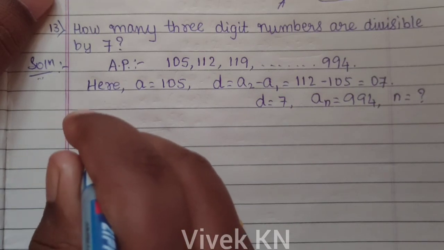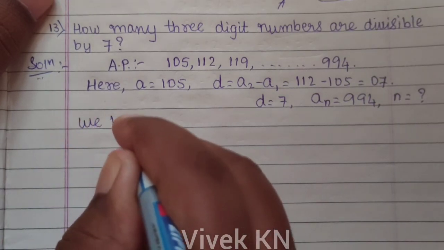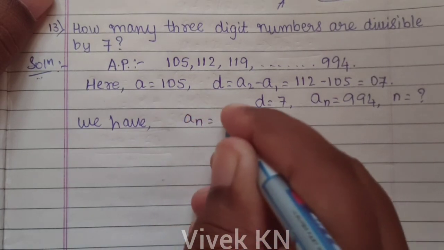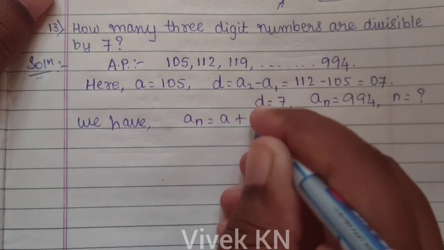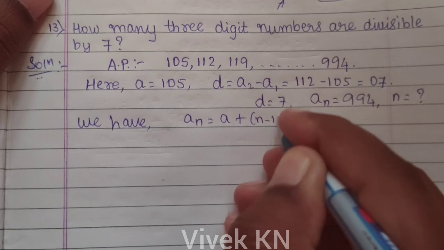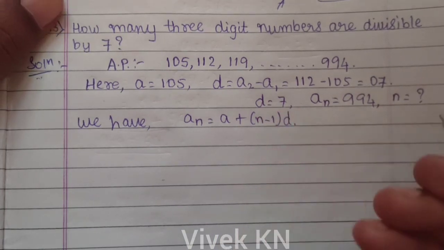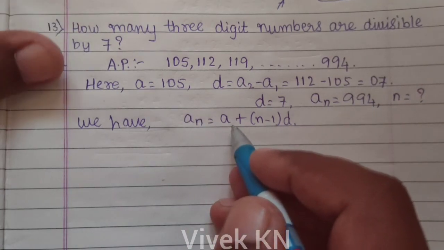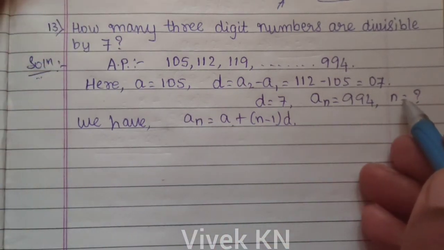So we have the nth term formula, that is an is equal to a plus (n minus 1) into d. Substituting these values into this formula, we can easily get the value of n.